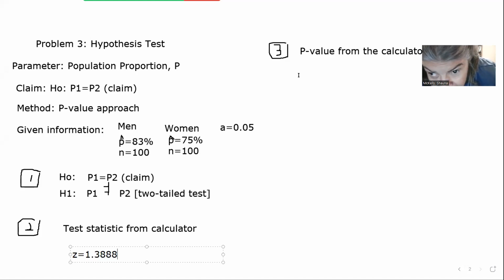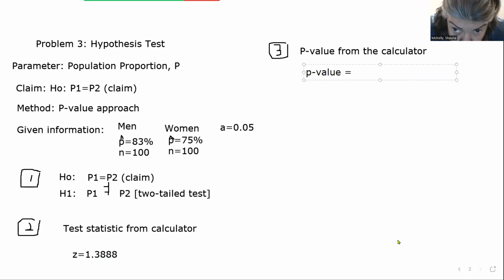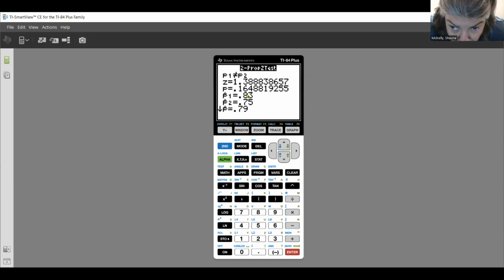Now your p-value, as I mentioned, comes from the calculator. So your p-value, let's look, your p-value from the calculator, it's 0.1649. 0.1649 is my p.